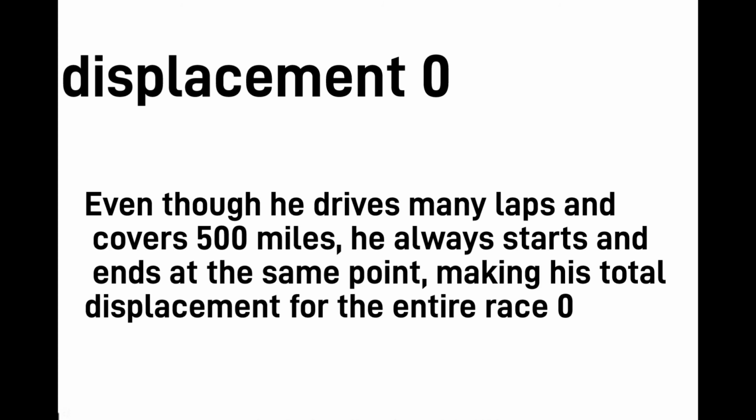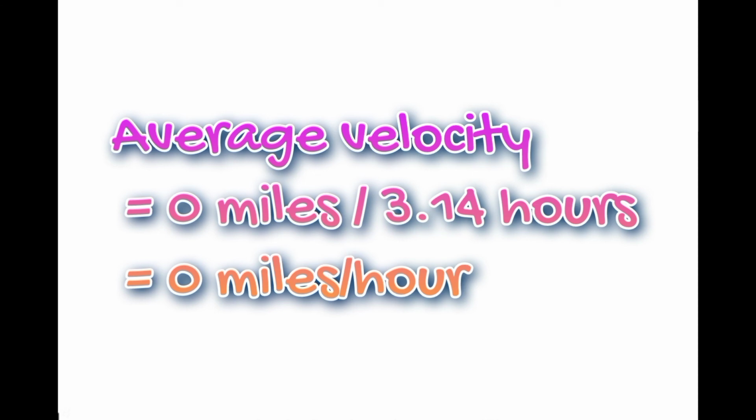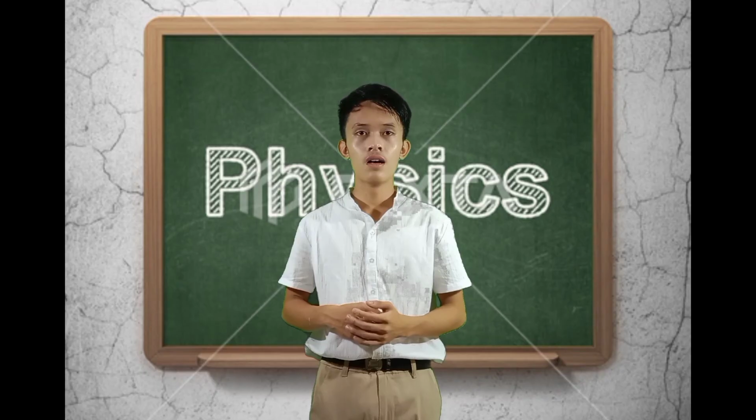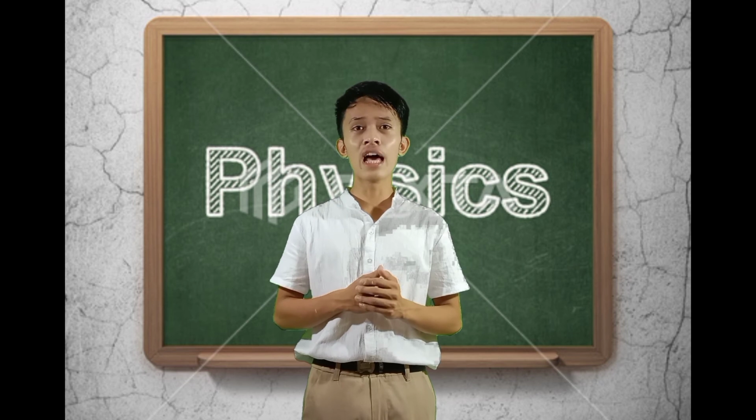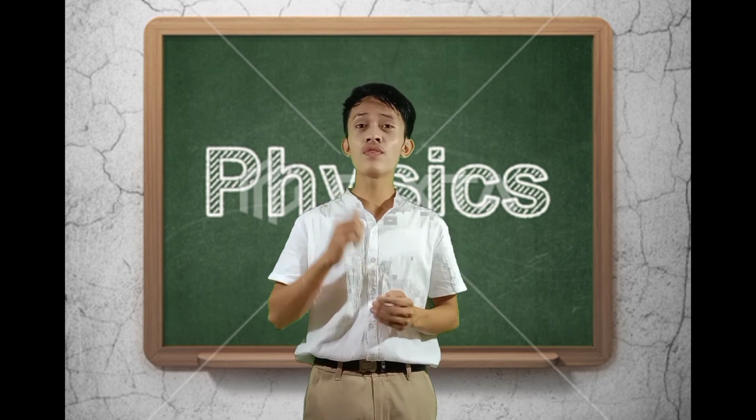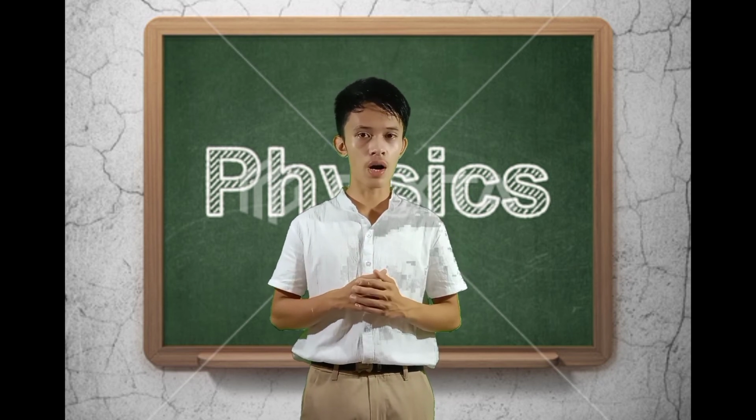Even though he drives many laps and covers 500 miles, he always starts and ends at the same point, making his total displacement for the entire race 0. To calculate this, average velocity is equal to 0 miles over 3.14 hours, which is equal to 0 miles per hour. As you can see, his speed was 159 miles per hour, but his velocity was 0 miles per hour.